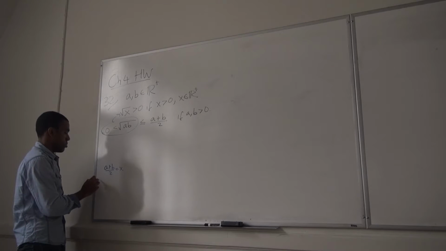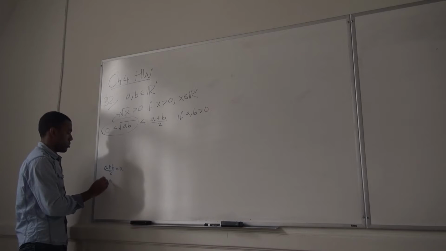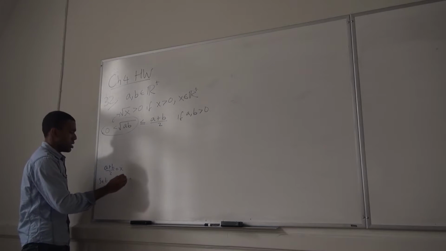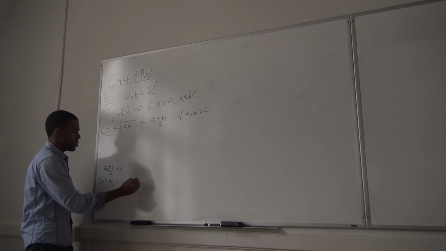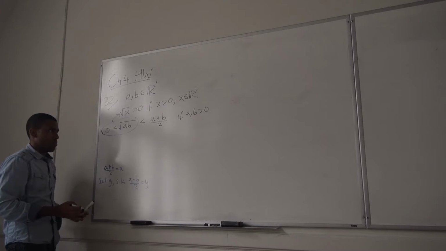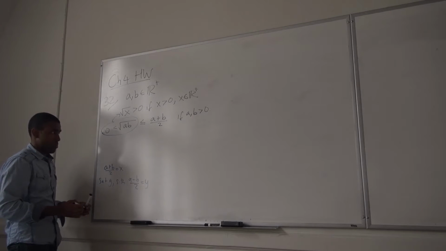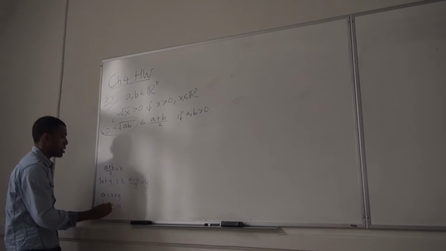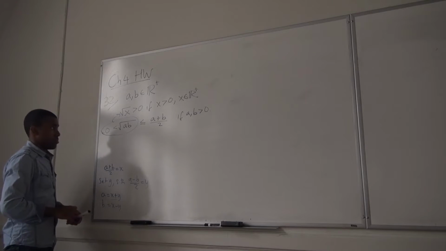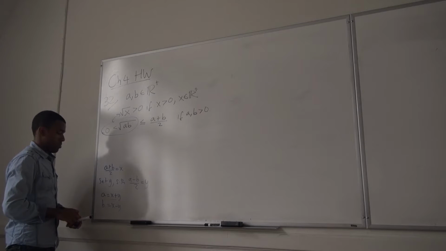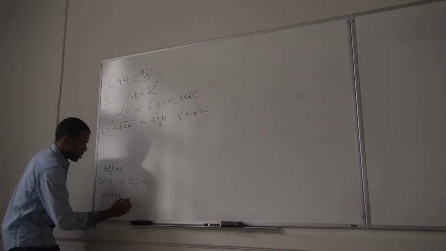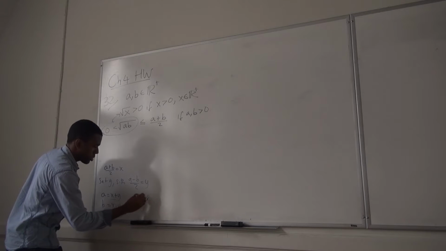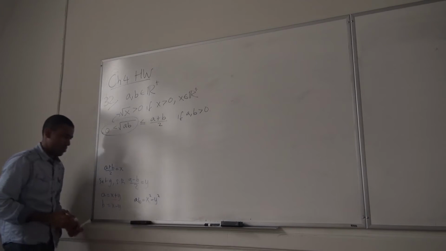So then a equals x plus y, and b equals x minus y. If you multiply them, you get ab equals x squared minus y squared.